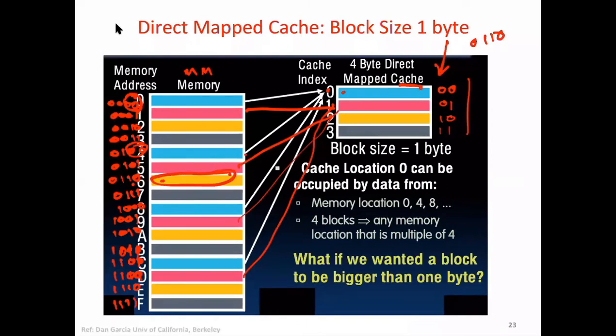Your processor says that it wants to get this data, so how will it find out which location it will be? Basically, from this it has to find out which index it maps into, so we look at only this and say that it's available here.